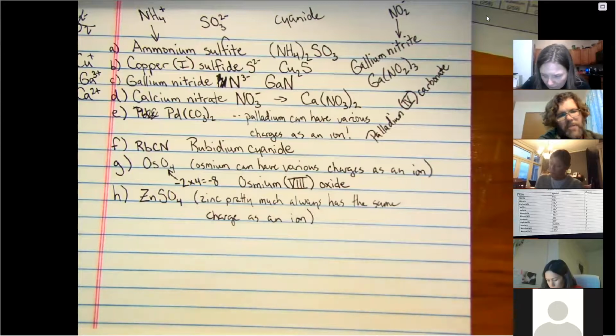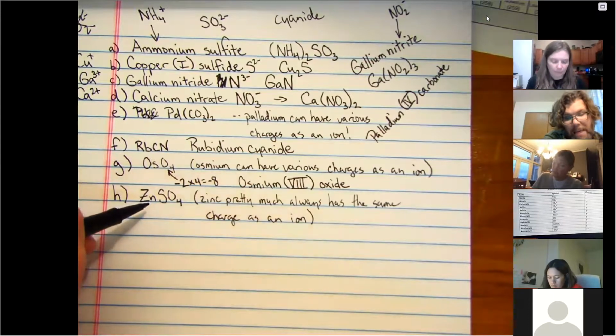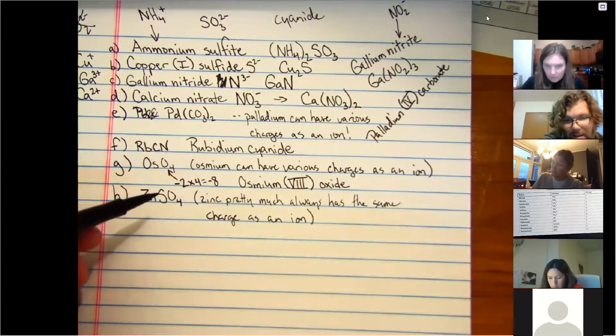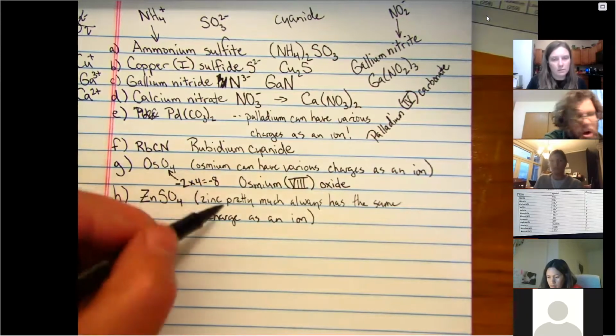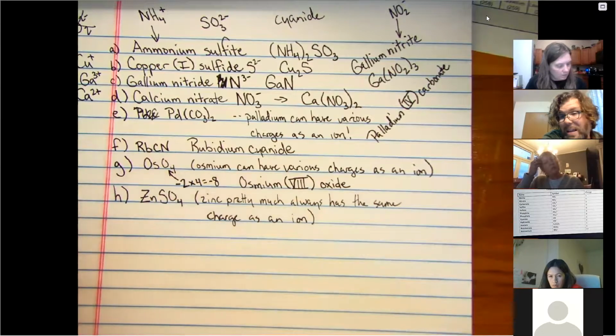Now, Logan, if I was naming, or if I wouldn't give you the name of this compound and ask you to write a formula for me because I wouldn't expect you to have the charge of zinc memorized. But if you already know that zinc always has the same charge, that's a clue that we're not going to need to write the charge of zinc after it.